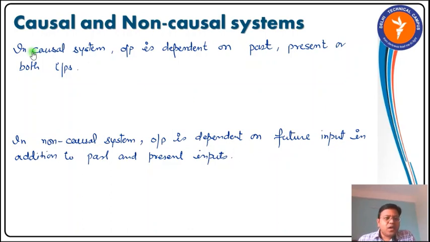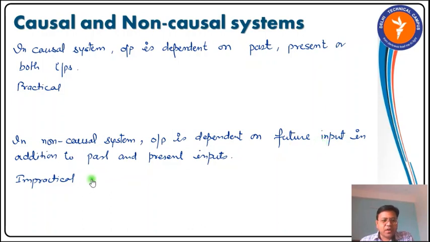So we see the causal systems to be more practical systems, and non-causal systems are impractical systems. That is, the present output can depend upon future inputs.